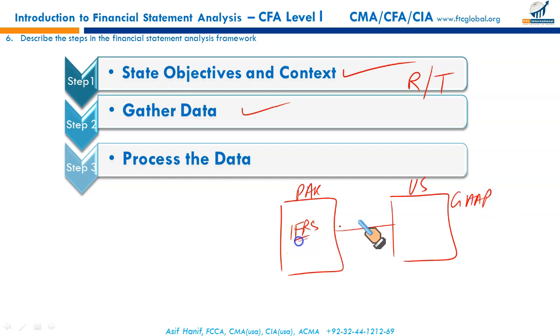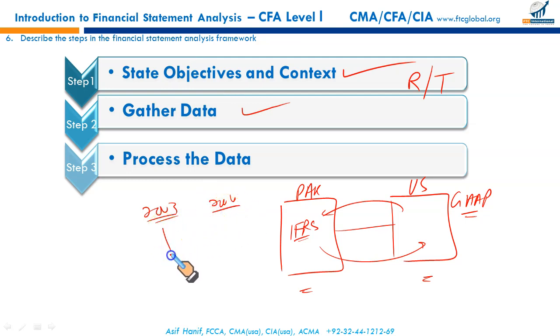Since these are two different reporting regimes, there will be some differences. So we may have to make adjustments. Either we need to convert IFRS into GAAP based or GAAP into IFRS so as to bring them on a comparable basis.